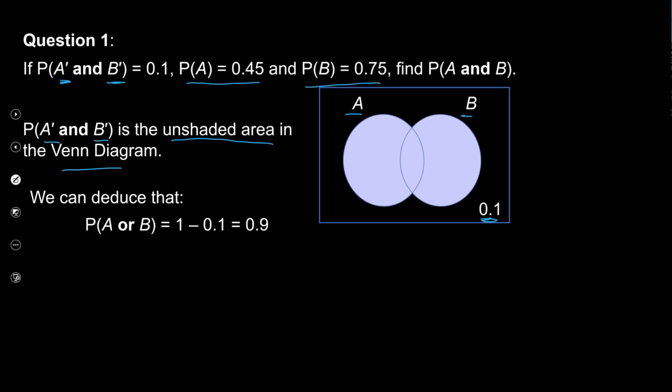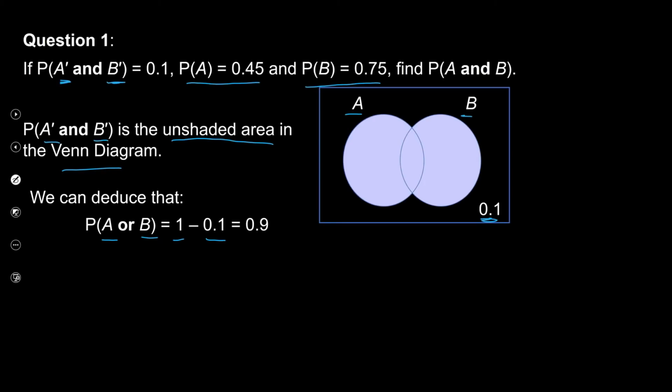Now, we know that we can say the probability of A or B, are we all together? It's 1 minus 0.1. Are we together? Because everything in the sample space adds up to 1.